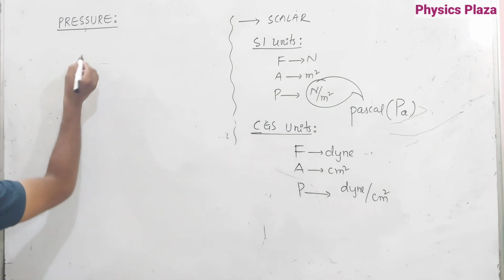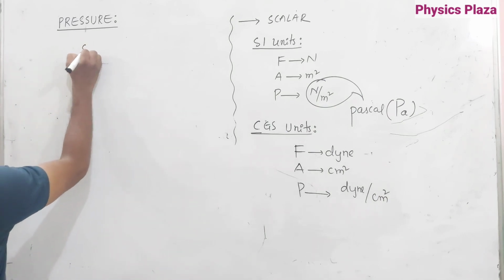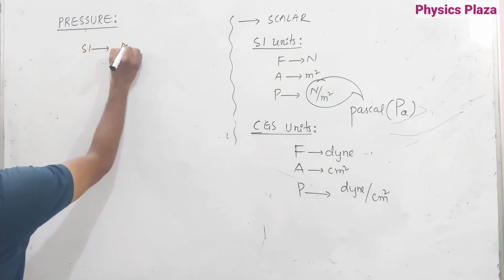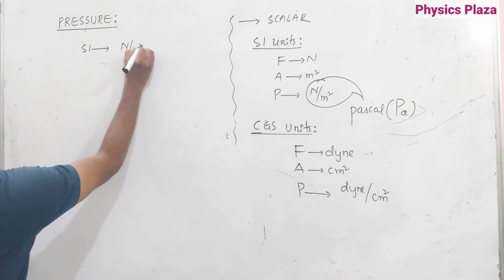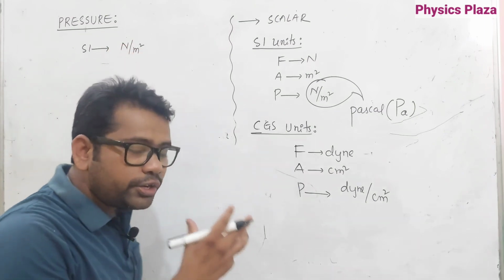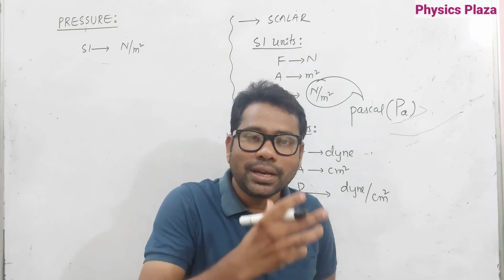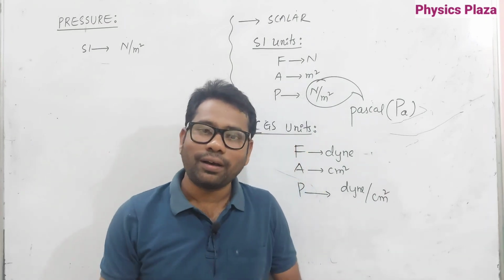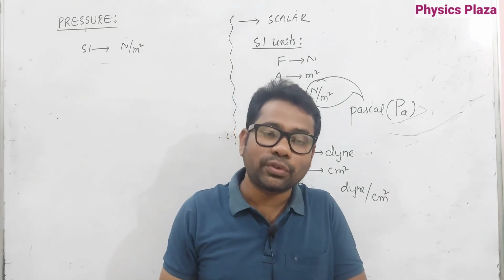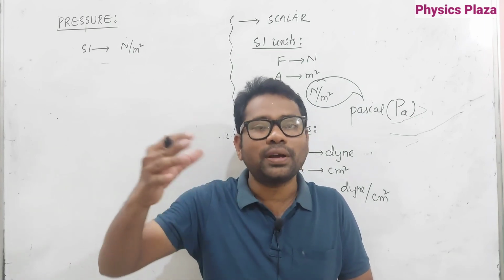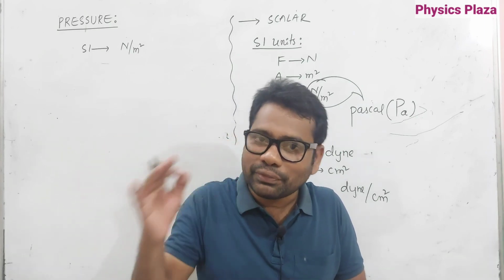Just copy it down and take notes. Now, in the SI system, of course, it is Newton per meter square. In the exam, they may ask you: 1 Newton per meter square is equal to how many dyne per centimeter square, or 1 dyne per centimeter square is equal to how many Newton per meter square. Children, it is very important.